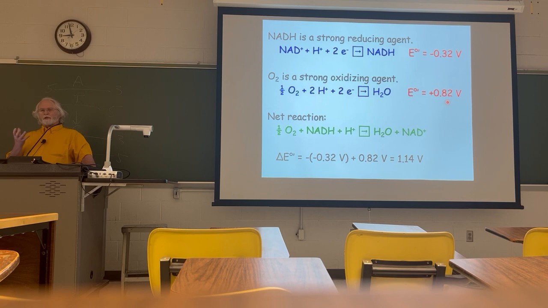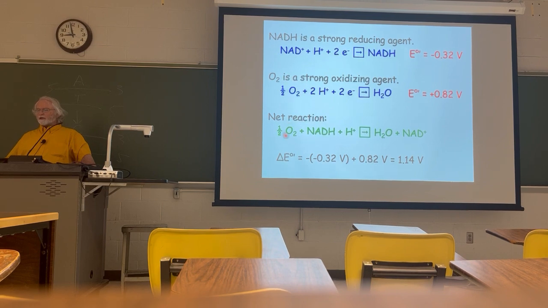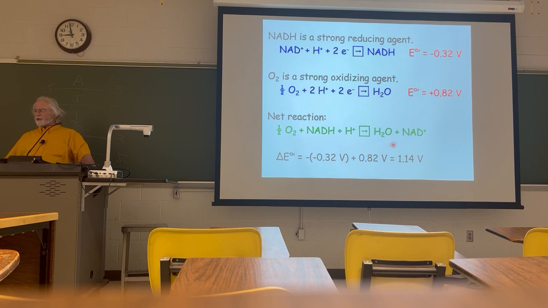Okay, so the net reaction we're thinking about is transferring electrons from NADH through a series of steps to oxygen to make water. In that reaction, if we look at the net reaction, a half of an O2 plus an NADH to make a water and an NAD, we can calculate that standard reduction potential.